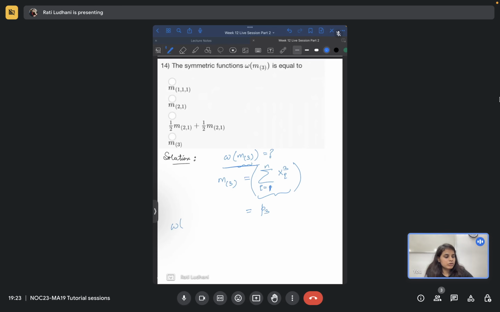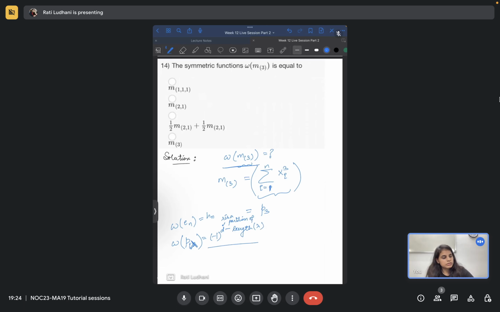Because I know that omega of En is Hn, omega of Pn, I don't know, omega of P. So if we have some lambda, as you remember, this is something, minus 1 raised to the power of the sum of lambda 1 plus lambda 2, where lambda is a partition of d, and minus the length of lambda, into p lambda.